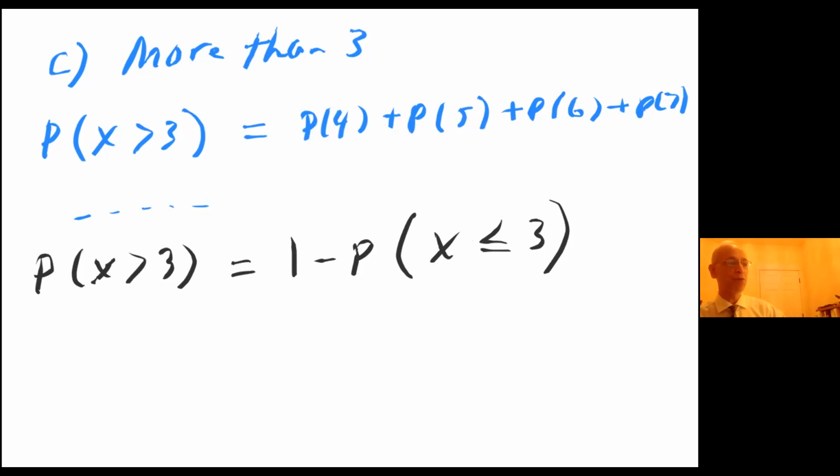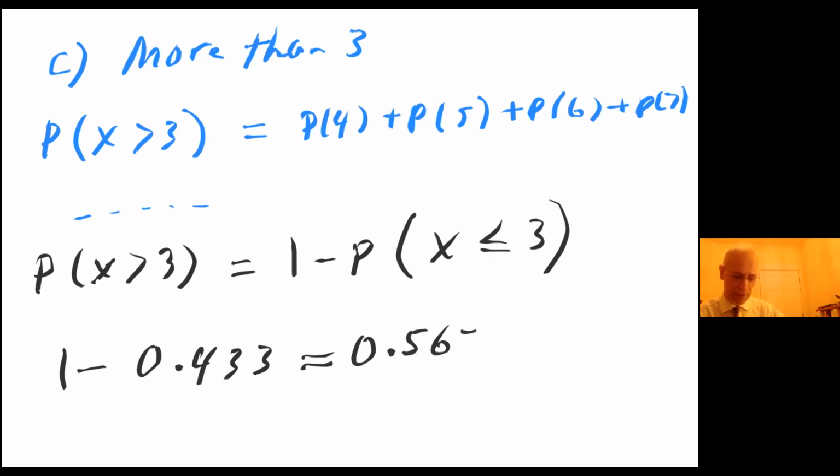And the probability of x smaller than or equal to 3, we already found in part B, so I don't have to do any work for it. 1 minus 0.433 gives me 0.567.